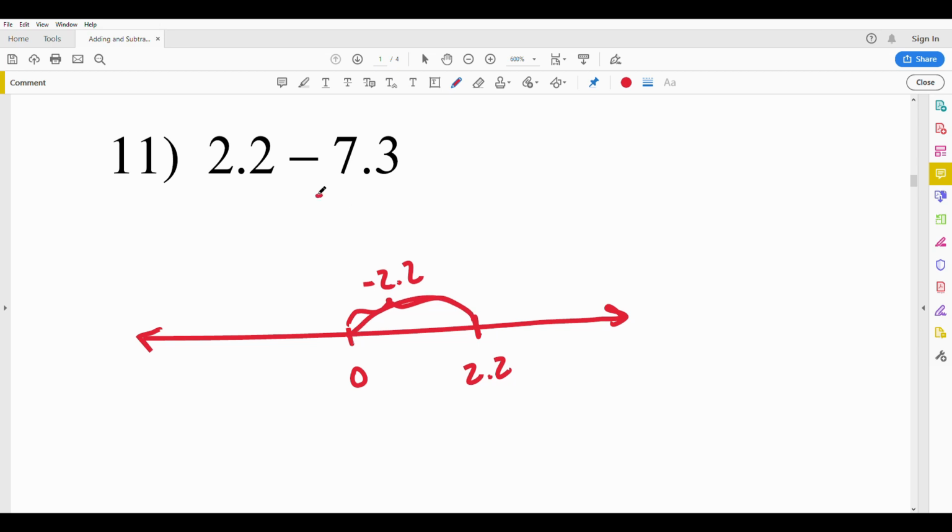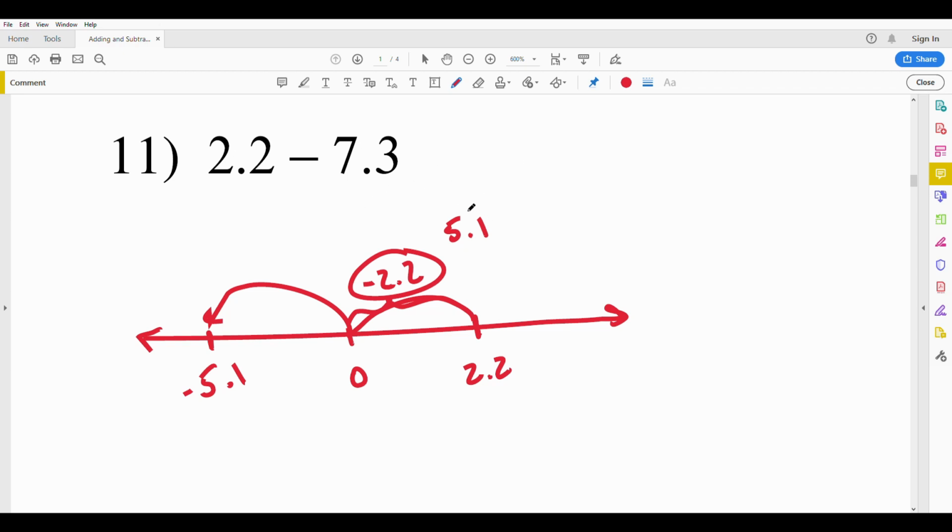But that's not quite subtracting 7.3. What would get us to 7.3? We would need another 5.1. So we would need to continue another 5.1 in the negative direction. So negative 5.1 would be our solution.